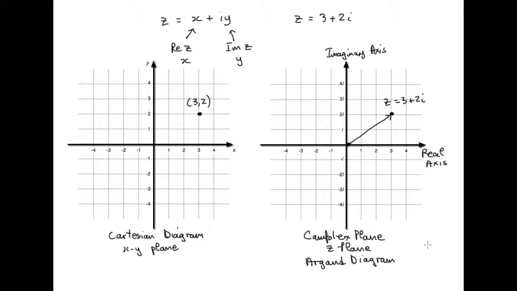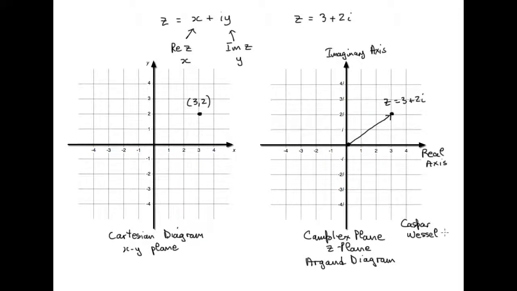Now, there was someone called Caspar Wessel, a Norwegian surveyor, who discovered it in 1797. So, by all that's reasonable, Caspar Wessel should have his name attached to this, and it should be called the Wessel diagram. But by the quirks of history, he's not remembered for this, because he published it in a very obscure Norwegian journal.